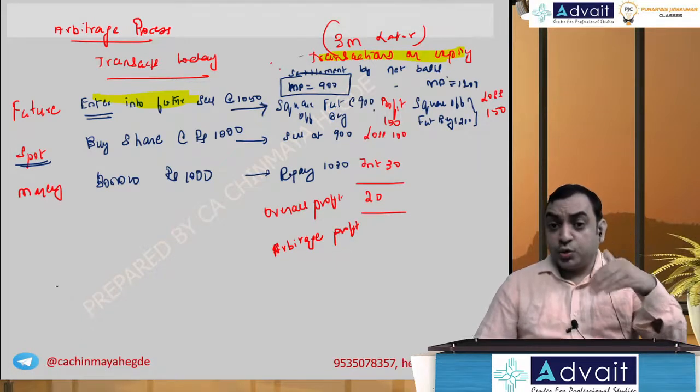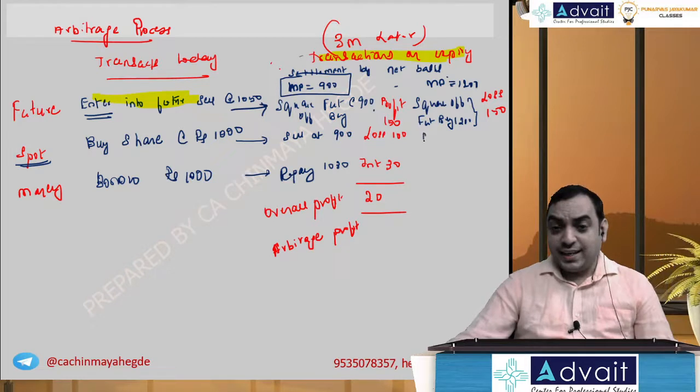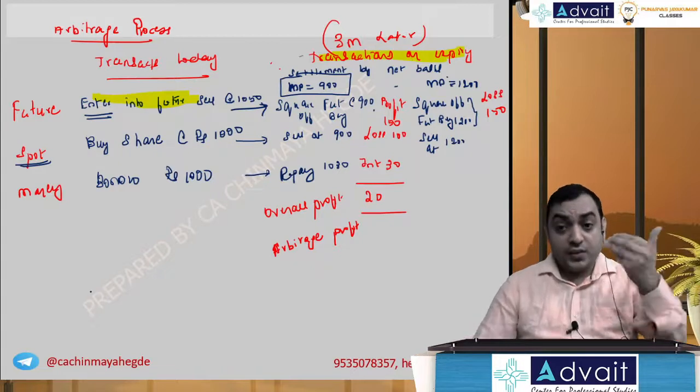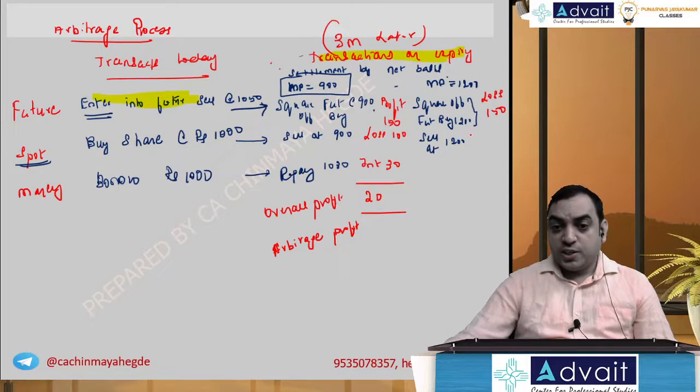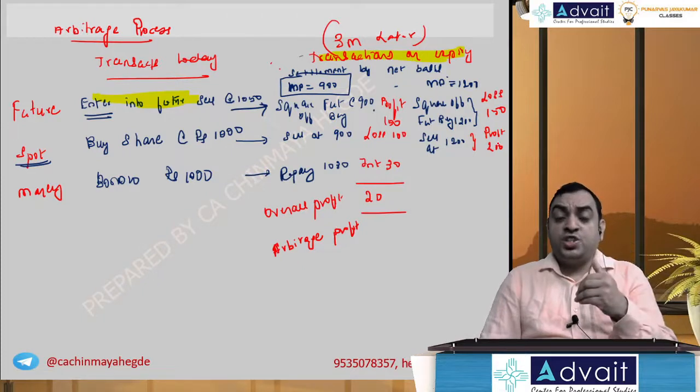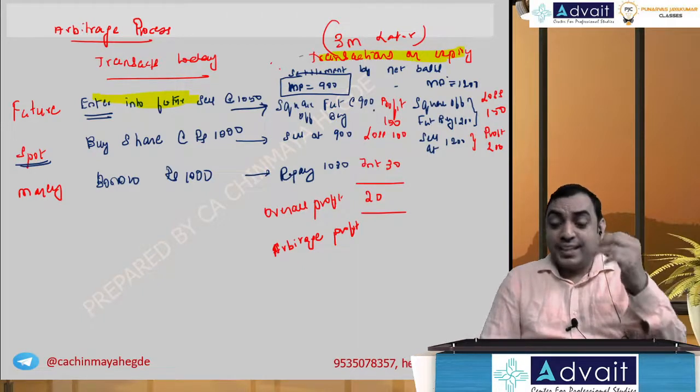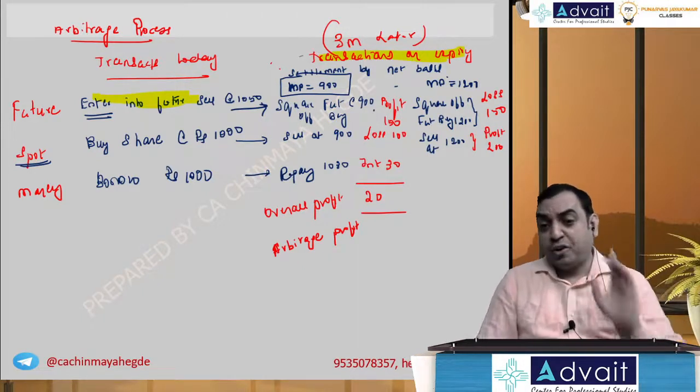What will happen in the spot market? You bought it at 1000. Now you are going to sell at 1200. You're selling at a higher price, you will make a profit. How much profit? You will have a profit of 200. You have taken a long position in the spot market, price increase, that is a profit of 200.